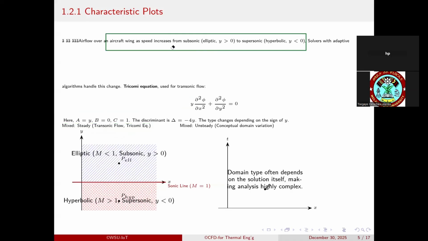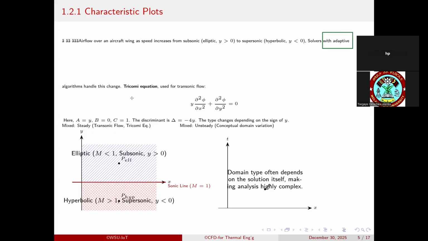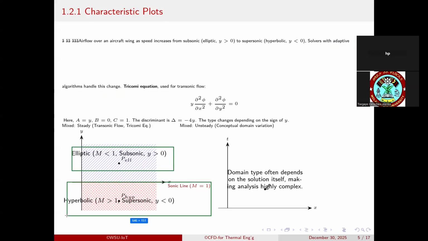Adaptive numerical algorithms are used to handle this change in mathematical nature. They require both initial conditions at t equal to 0 and boundary conditions for all times greater than 0 on the spatial domain boundaries.